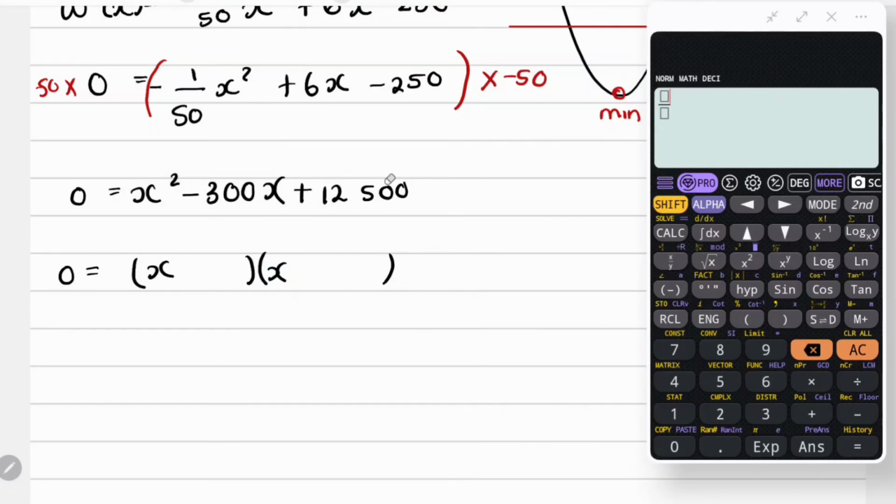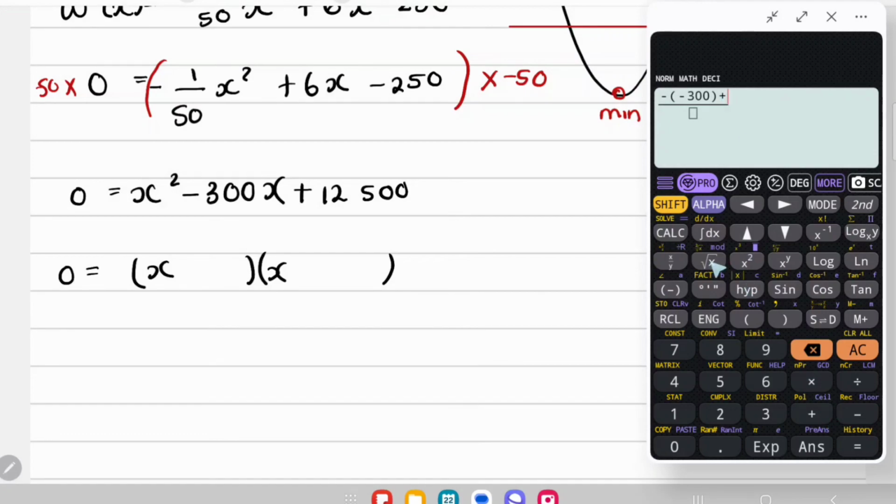We can say negative b, but our b is negative 300, so minus b, plus or minus the square root of negative 300 squared minus 4 times a, which is 1, times c, which is 12,500, all over 2a, which is just 2.